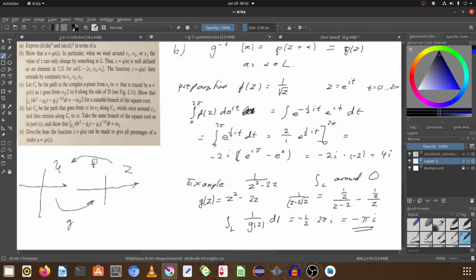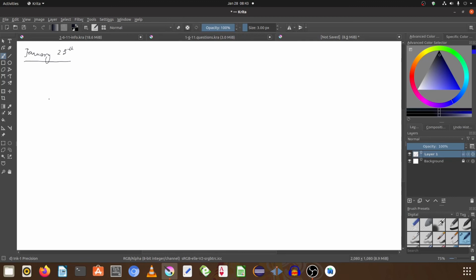Now, describe how it can be made to give all pre-images of U. Yeah, that's the grand total. So we have given a U, and then we solve the equation.